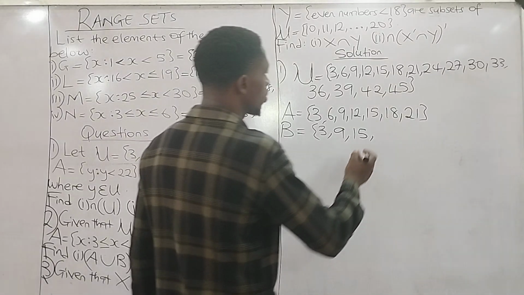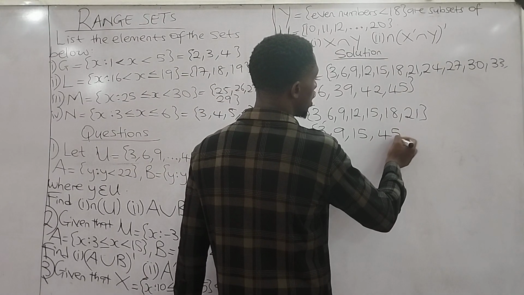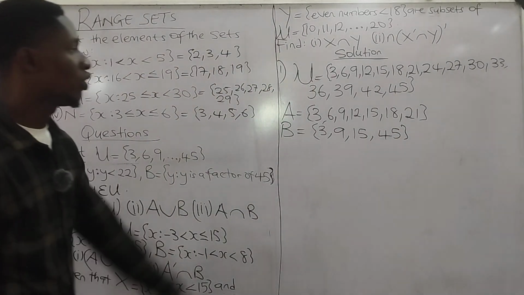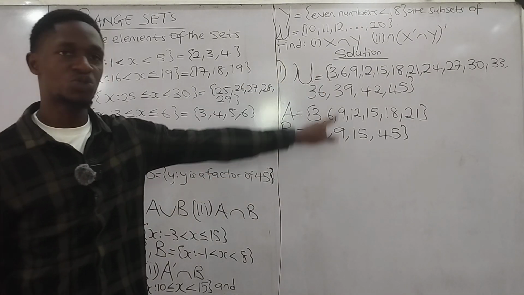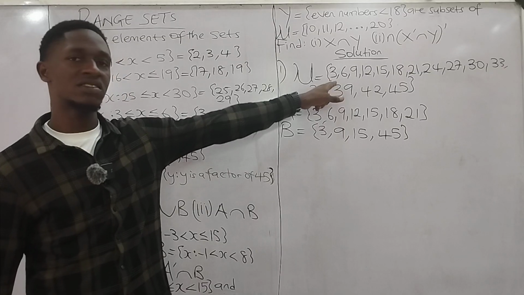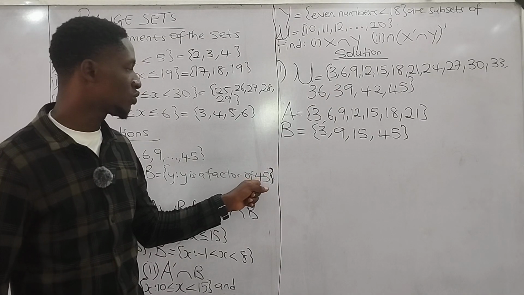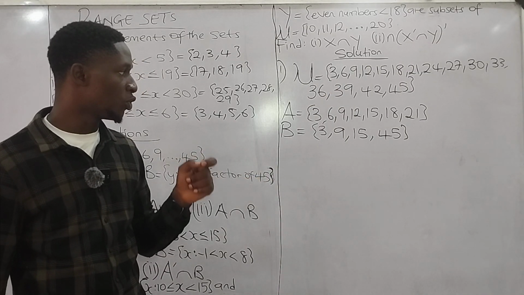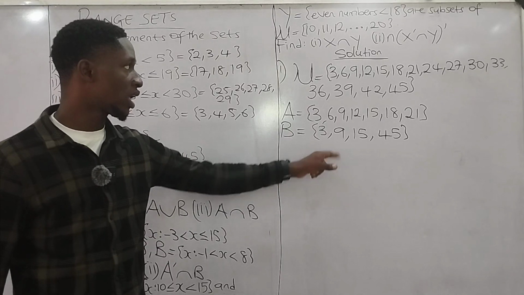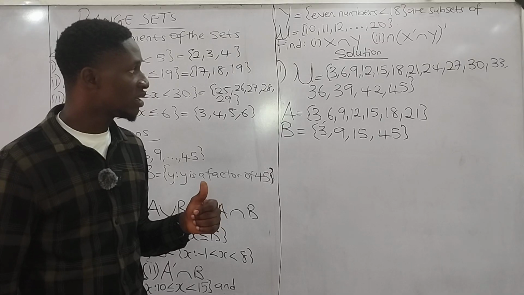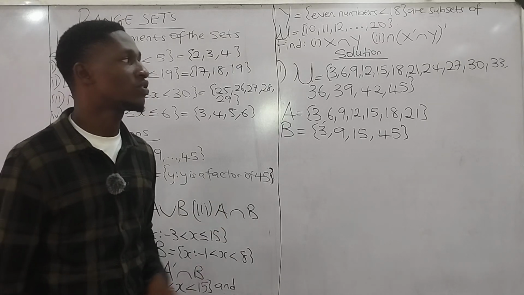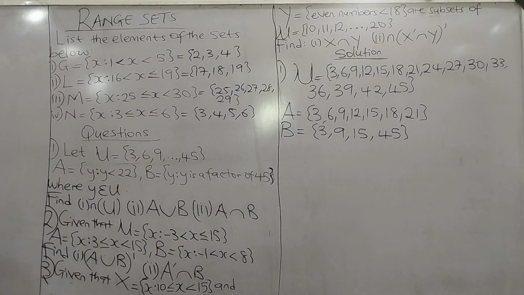And 45 can also go into itself without a remainder. So all those are factors of 45. We extracted these from the universal set here. 3 going into 45 will give you a whole number without a remainder, the same thing with 9, the same thing with 15, the same thing with 45. So let's go to the next one.